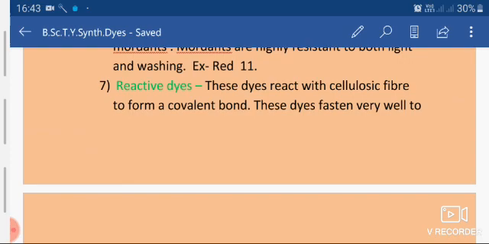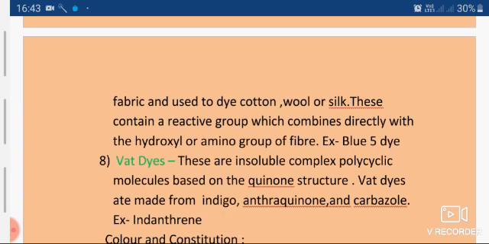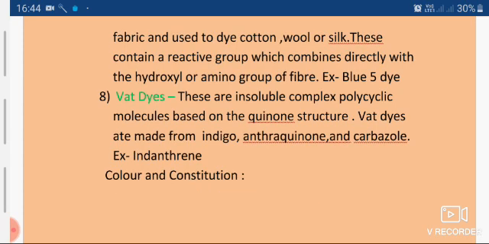It means the dye fastens very well and it is not easily washed away, or it does not fade away in the sunlight. And the example is blue 5 dye. The next dye is vat dyes.